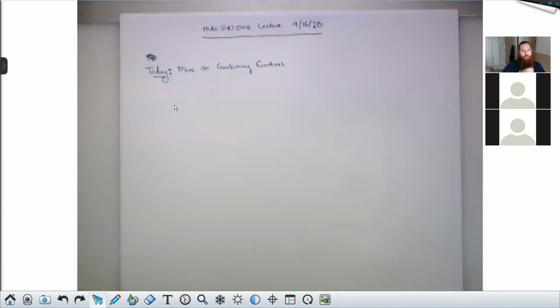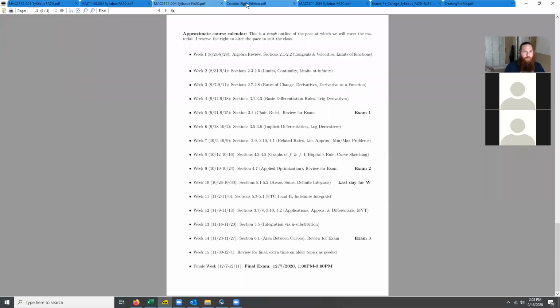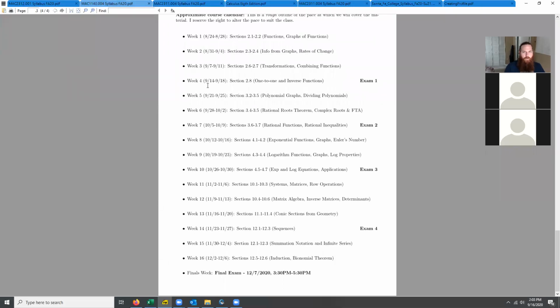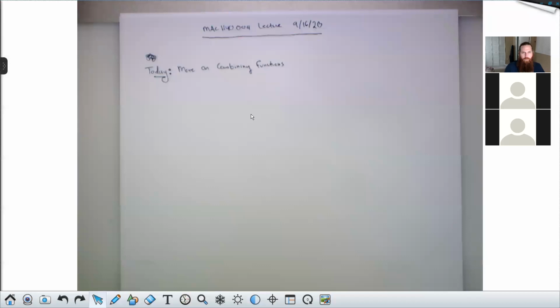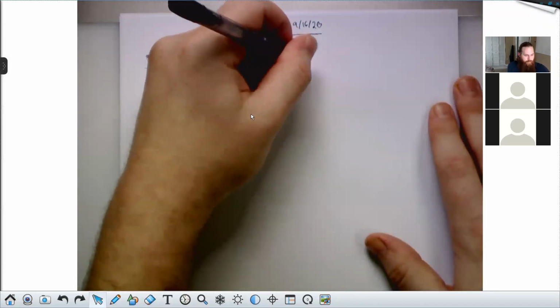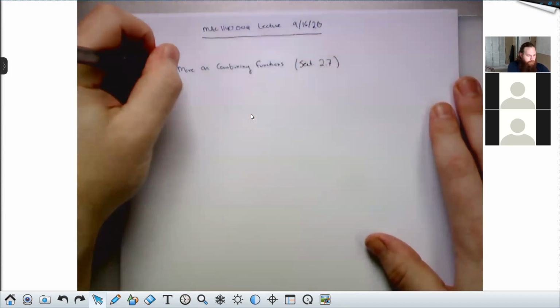So I want to give a nice careful treat of the material that we're covering. I also want to make sure that we cover everything that you guys need for your current homework. And there is 2.8 stuff on your homework, I believe. So we need to do that. This is section 2.7. So we're going to finish that up.